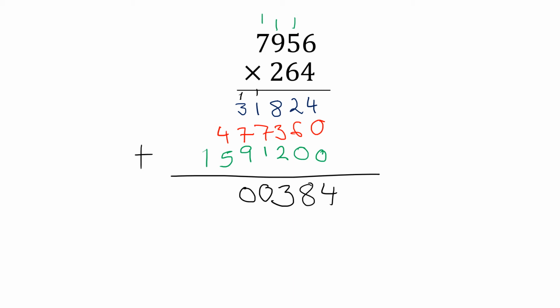So write down our 0, carry our 2. 4 plus 2 is 6. 6 plus 5 is 11. So write down 1, and carry the other 1. And then 1 and 1 is 2. So we get 2,100,384 as the answer for 7,956 times 264.